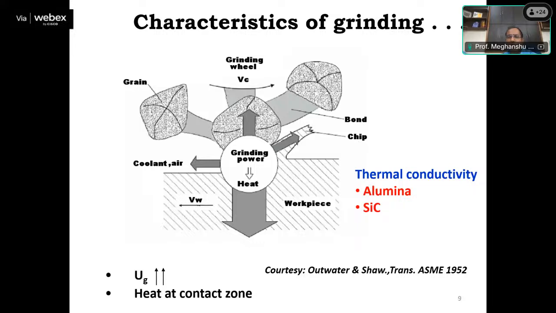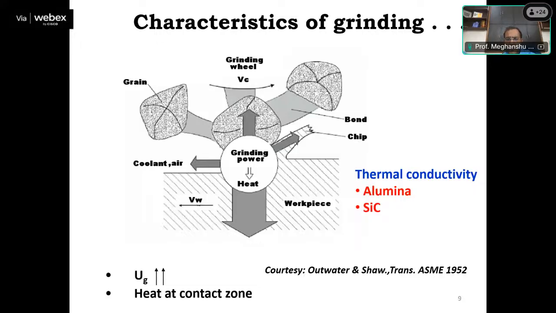It is around 40 watt per meter Kelvin, or 45 watt per meter Kelvin. So you can imagine that this thermal conductivity is low, or I can say poor thermal conductivity. That is why less heat is transferred into the abrasive grit.